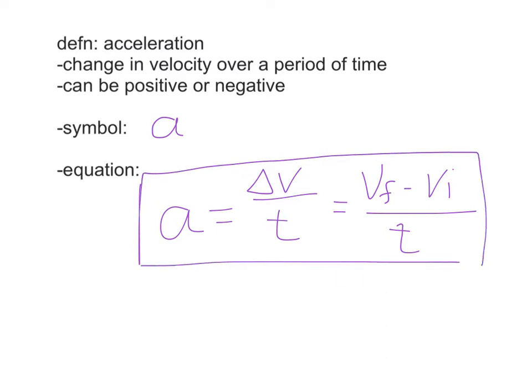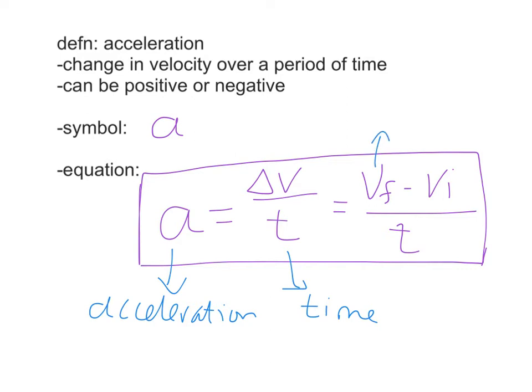And I will define each of these letters. A is acceleration. t is time. Vf is final velocity.